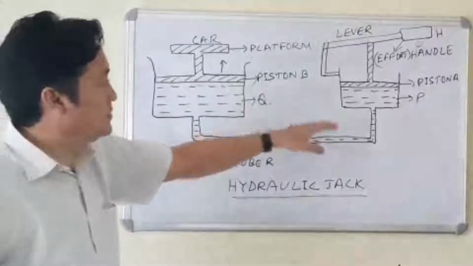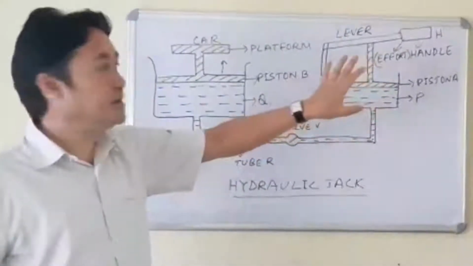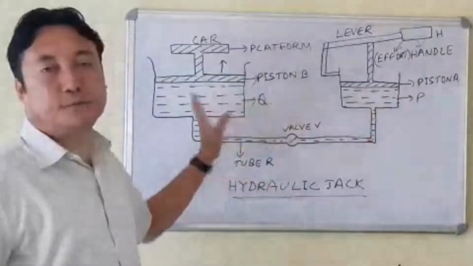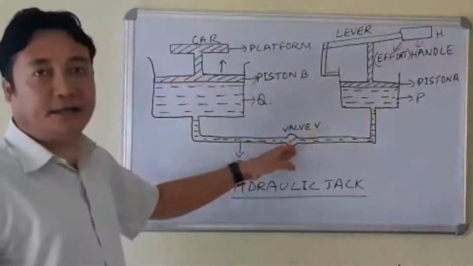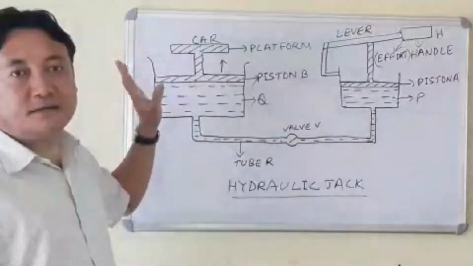Due to the greater pressure exerted on vessel P, the valve V gets opened. When the valve V gets opened, the water passes through this connecting tube and gets filled up in the vessel Q.